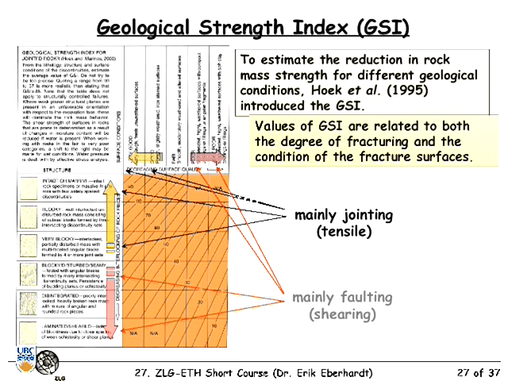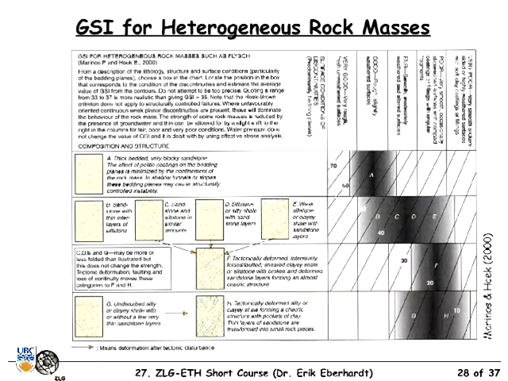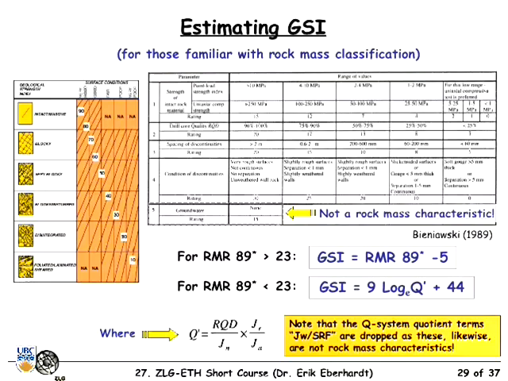Or in fault zones where you have a lot of disturbance, a lot of shearing, and you're looking more at your residual strength, you're talking about lower GSI values. And they've elaborated on the GSI for heterogeneous conditions where you're looking at interlayered sandstones and siltstones. There's a number of adaptations that this GSI system has gone through. But again, in a system that isn't meant to be exact, you want to keep it simple and flexible and easy to use.